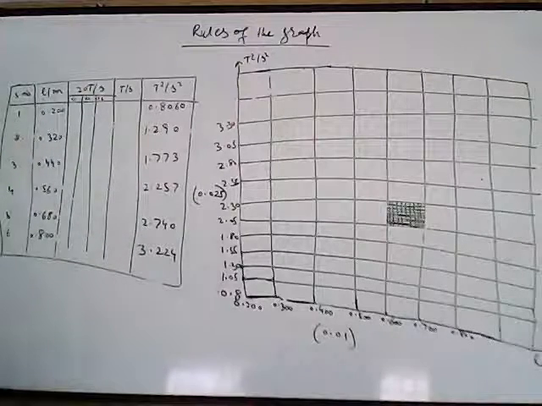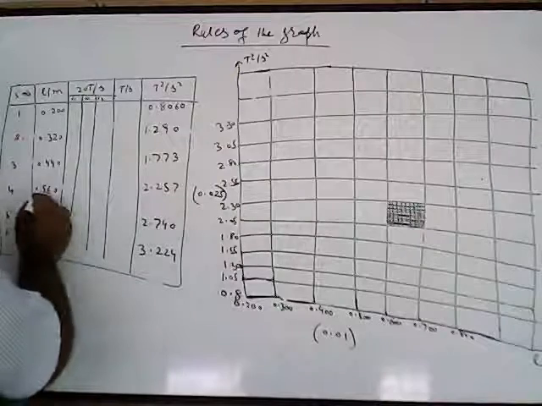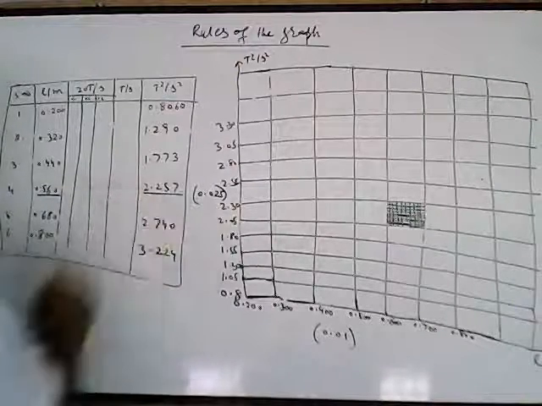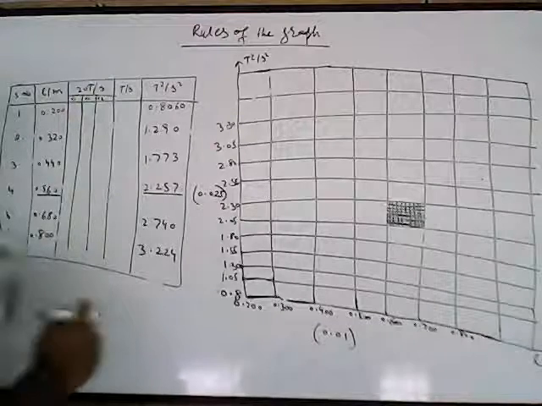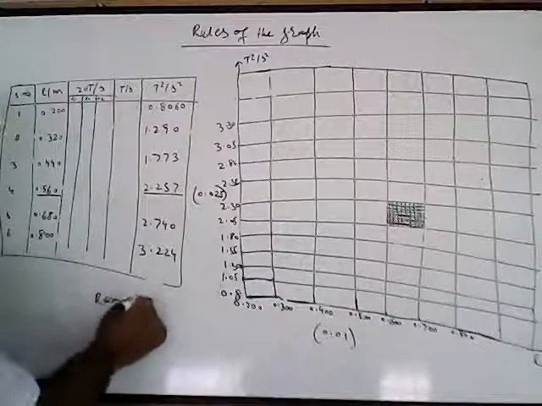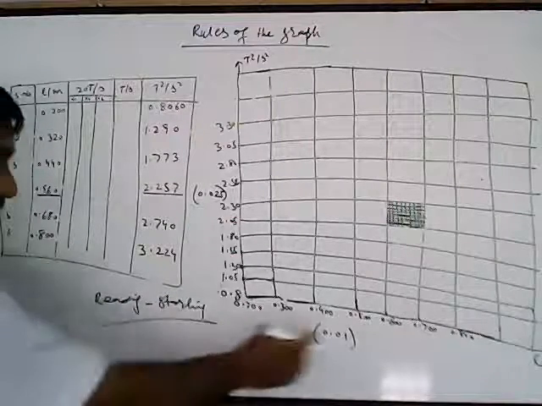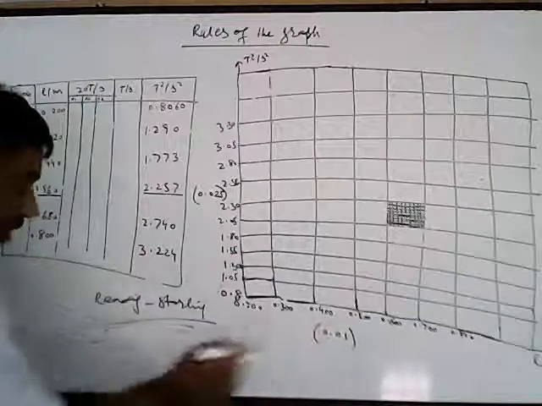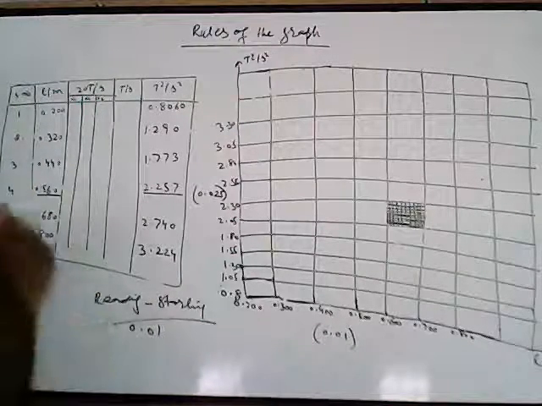I'll just tell you how to plot one or two points. Suppose I am plotting this one, 0.560 and 2.257. First I will go for 0.560. The formula for the x-axis is reading minus starting, divided by this number, which is written here for you, 0.01. You do not need to write this down on paper, just keep this formula in mind.